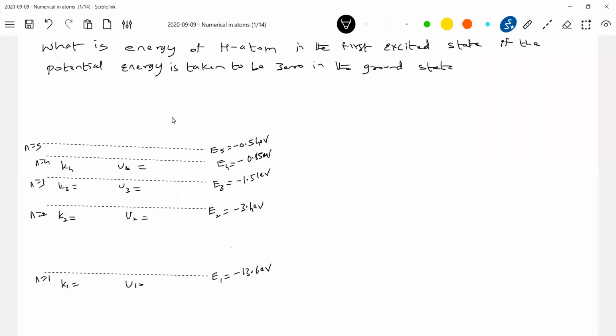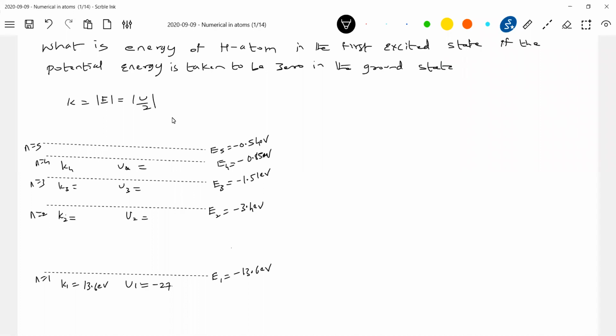Now, what was the basic derivation? The way we derived the equation was like this: K equal to mod of E equal to mod of U by 2. K should be equal to mod of E, so this should be plus 13.6 electron volt. What about this?